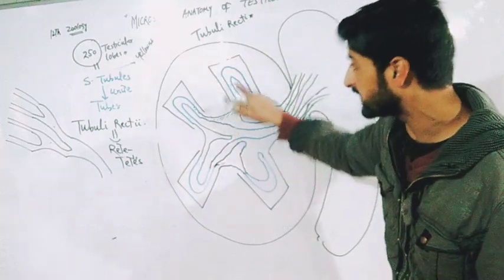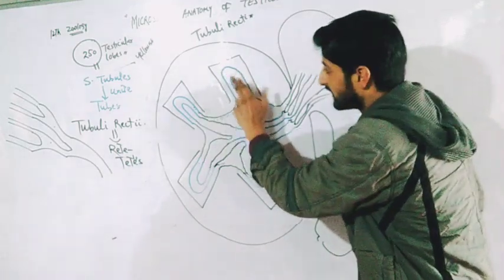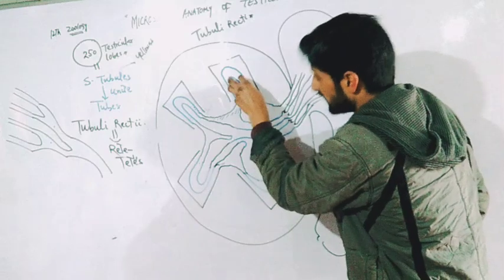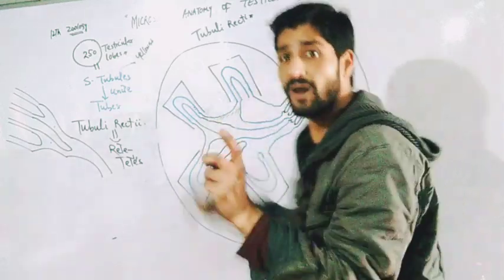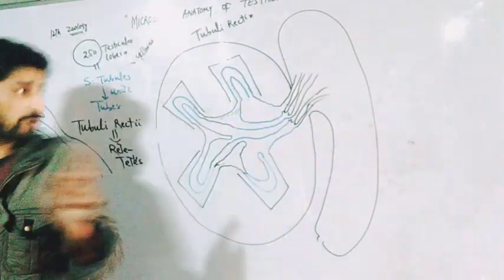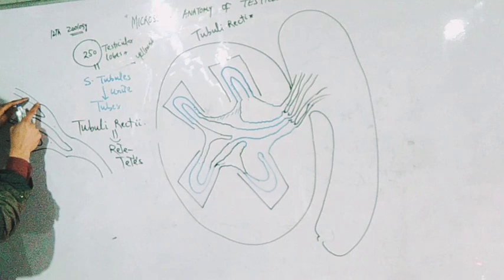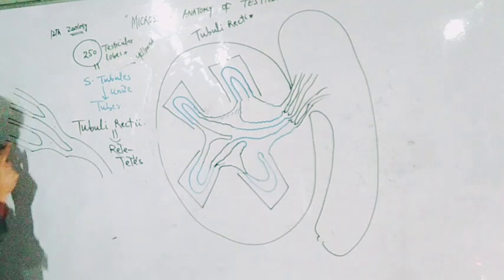Unfortunately drawn here in blue color, these are actually yellowish coiled tubes known as seminiferous tubules. For convenience, I have drawn several seminiferous tubules.